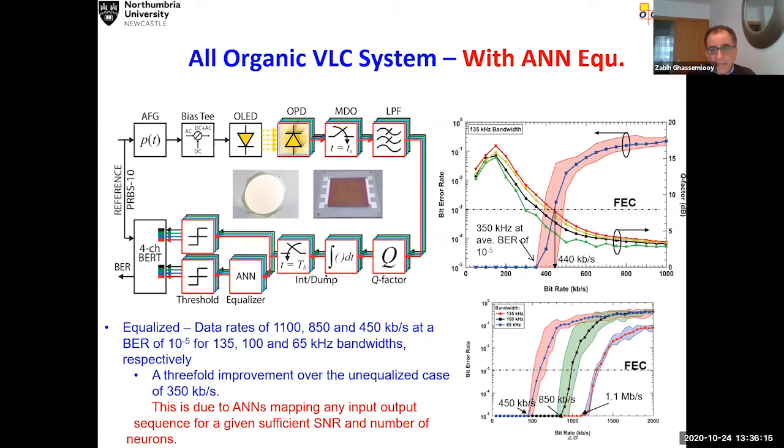And if you look here, we have a bit error rate versus the bit rate, and then we have plotted the forward error correction limit, which is a standard bit error rate limit of roughly 10⁻³. And if we choose this, you can see that we can achieve up to 440 kilobits of data using 135 kilohertz bandwidth.